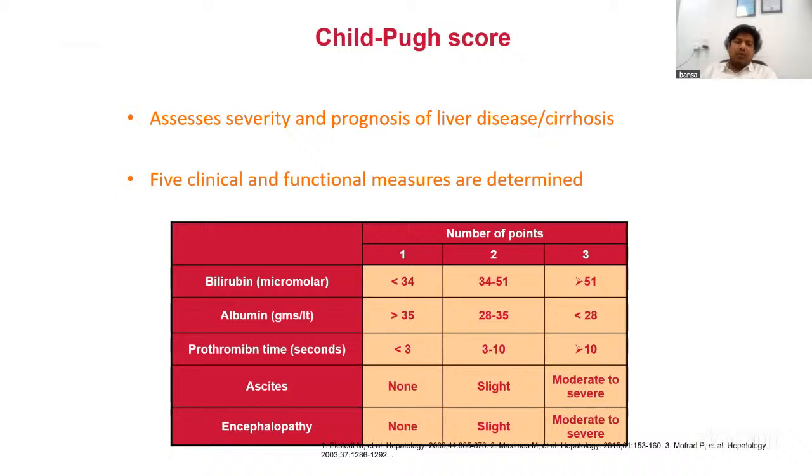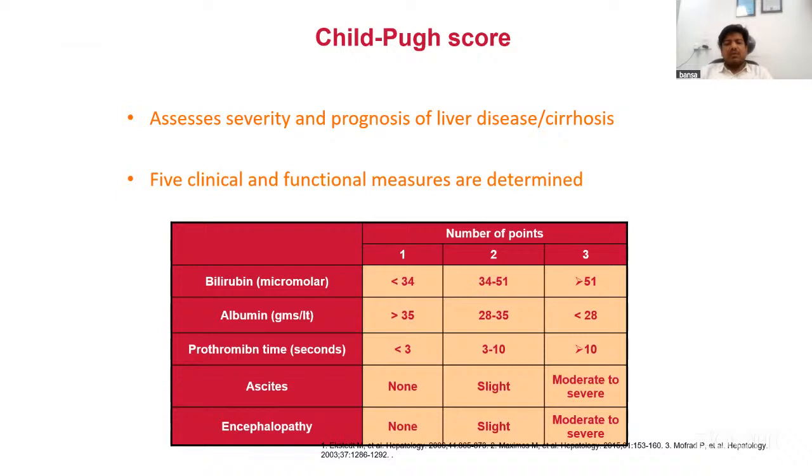So this is a very old score, but it is also used now. This is the Child-Pugh score. It is for assessing the severity and prognosis of liver disease. Five clinical and functional measures are determined. Generally, there are five parameters: one is bilirubin, second is albumin, third is prothrombin time, fourth is ascites, and fifth is encephalopathy.